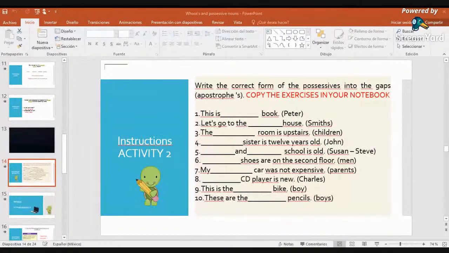Okay, so we continue. Now number 4. So who answers number 4? Number 4, what's that, Aurelio? Number 4 says, sister is 12 years old.